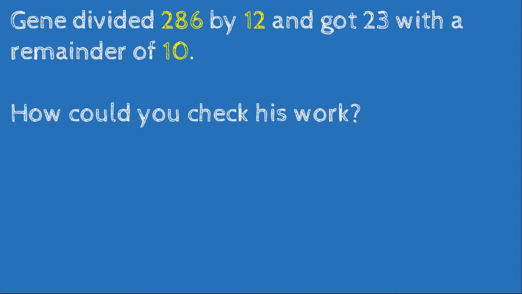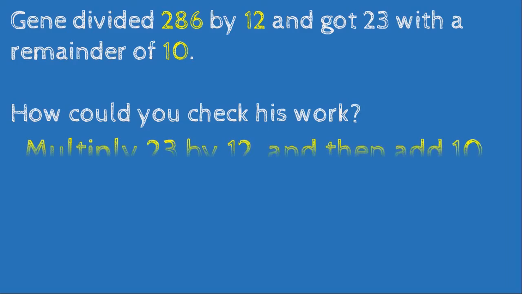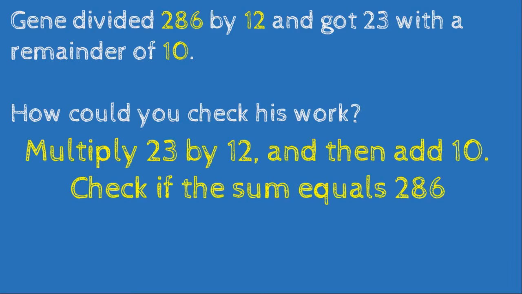Gene divided 286 by 12 and got 23 with a remainder of 10. How could you check his work? So, since we just did that example, we can easily understand that the way to check division is by multiplying. So we multiply 23 by 12 and then add 10, the remainder, and check if the sum equals 286.